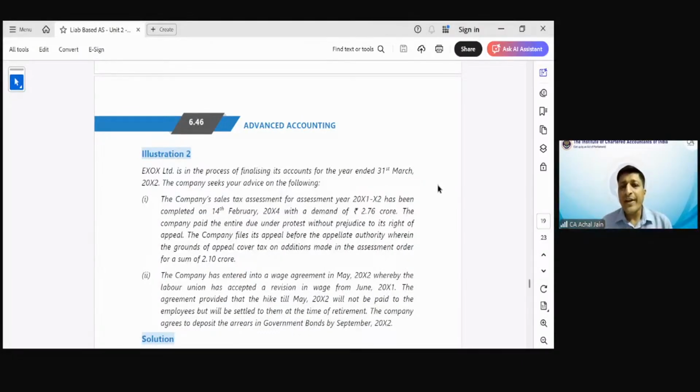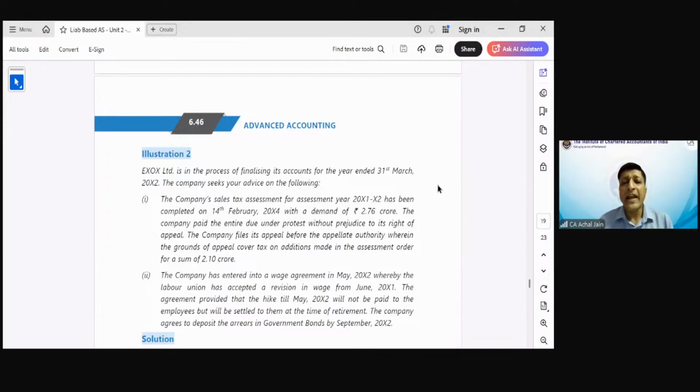Company seeks your advice on the following. Okay, so we'll also discuss this one by one. First one, company's sales tax assessment for the assessment year X1, X2 has been completed on 14th Feb X4 with a demand of 2.76 crore. So you can say there's a demand of sales tax of 2.76 crore.